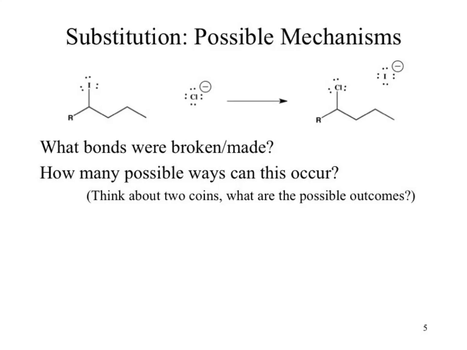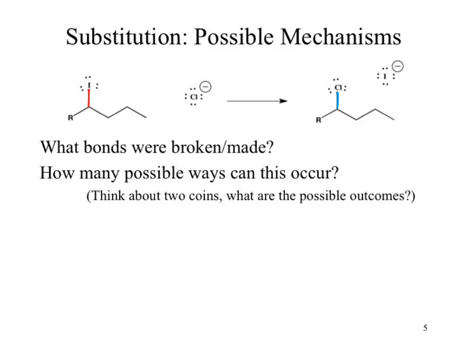Don't tell me substitution. Bonds broken and bonds made. We broke the C-I. Is there anything else that happened? We made the C-Cl. Okay, this is kind of neat. Only two things happened.